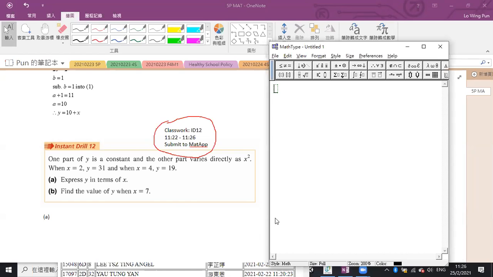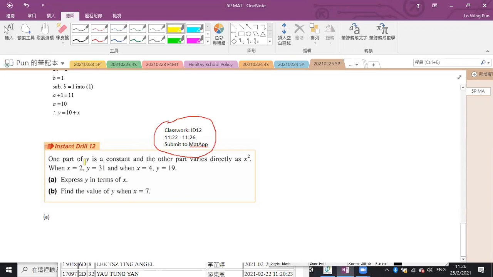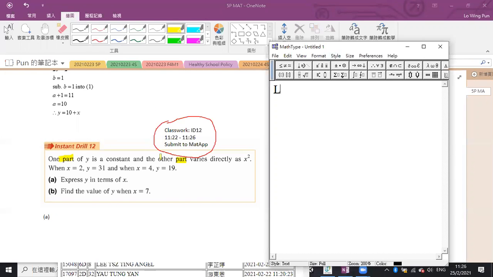Okay, let's check the answers. One part of y is a constant, and the other part varies directly as x squared. So there are two parts, and we let y be the sum of two parts.